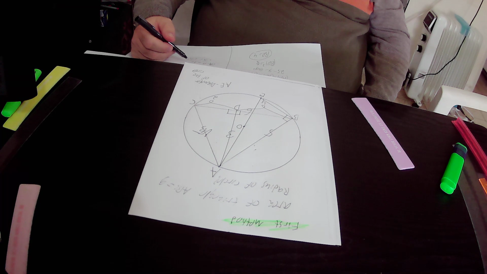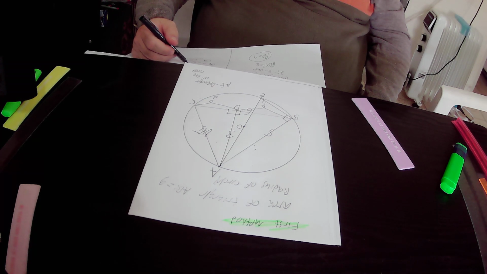And we actually have another rule that peripheral angles that rest on the same chord are equal to each other. I repeat again, peripheral angles that rest on the same chord are equal to each other.